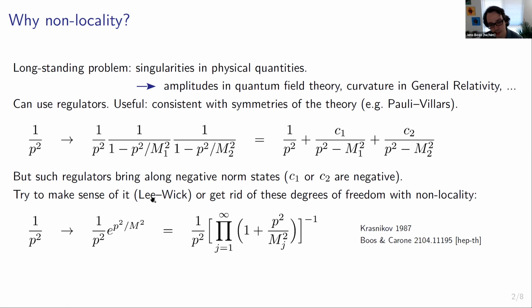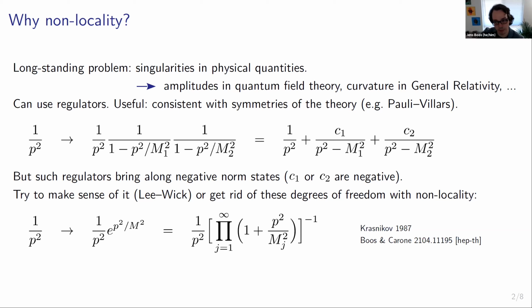So what else you can do is get rid of these degrees of freedom with non-locality. This is what the previous presentations already touched on quite a lot. Instead of multiplying 1 over p squared with these factors, you multiply this with an entire function. In this case, I just used e to the p squared over m squared. Obviously, if you insert a Euclidean momentum, it's going to lead to regularization.